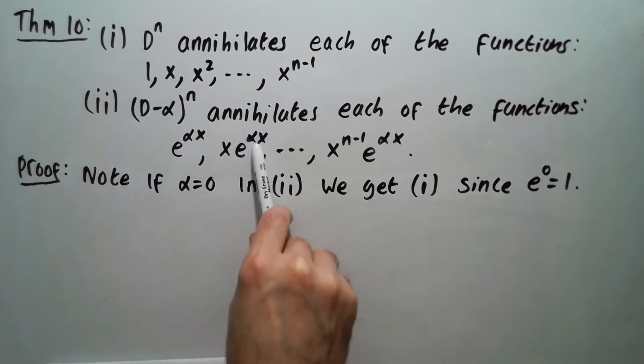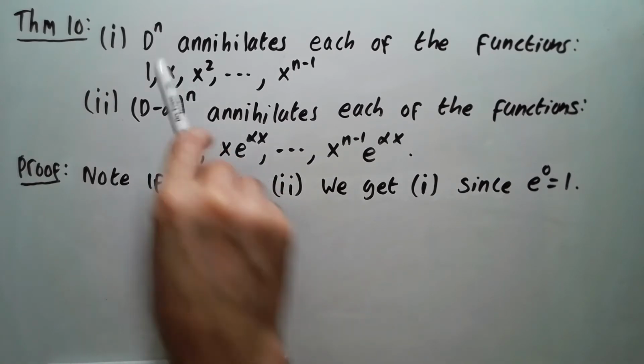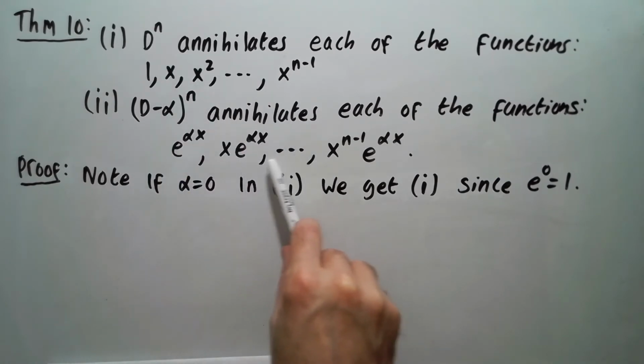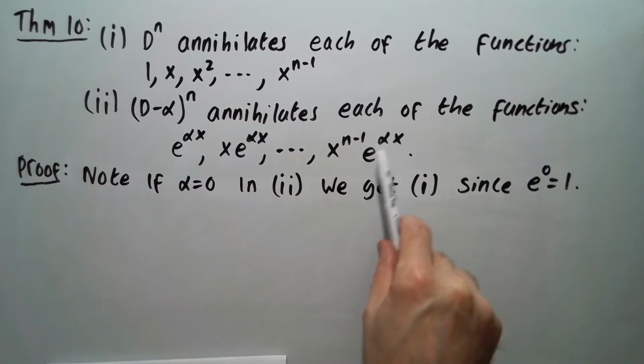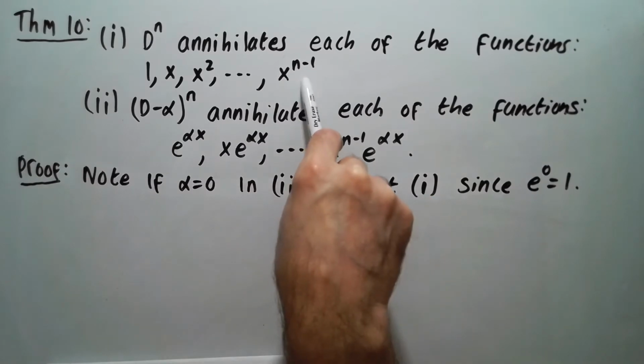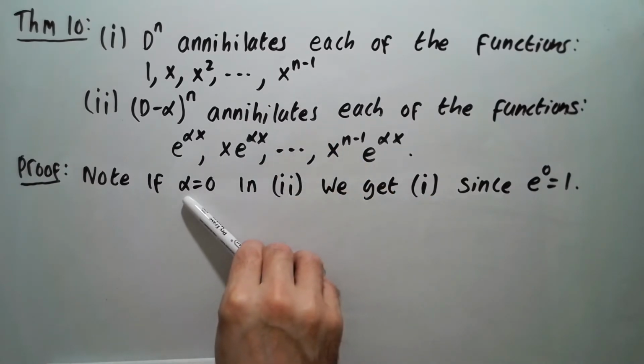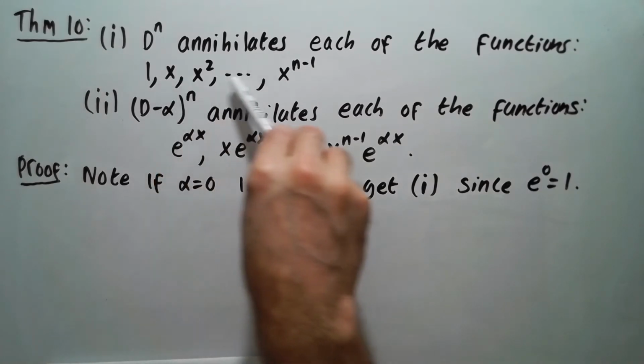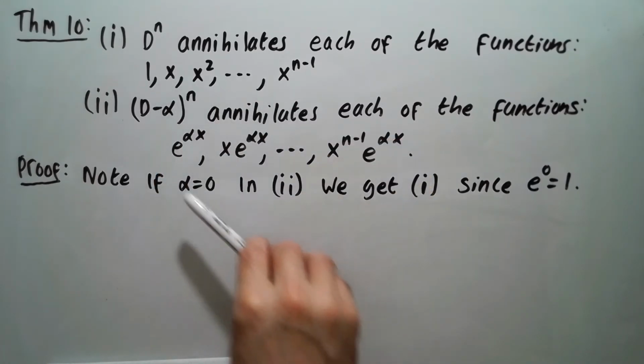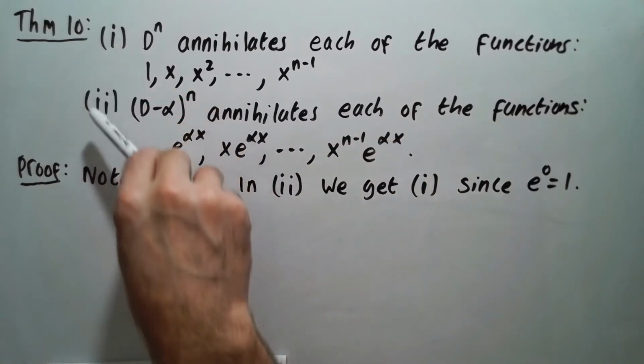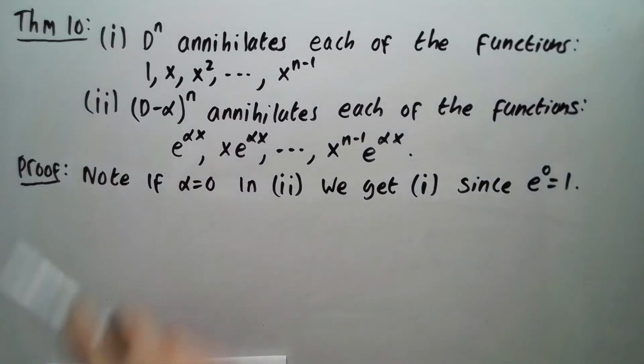Here you'd have x times e to the 0, which is x. Then dot dot dot, and with 0 in place of alpha, you'd just have x to the n minus 1. So you can see if alpha is 0, it becomes exactly part 1. So part 1 is basically a special case of part 2. Okay, so we just need to prove part 2 now.